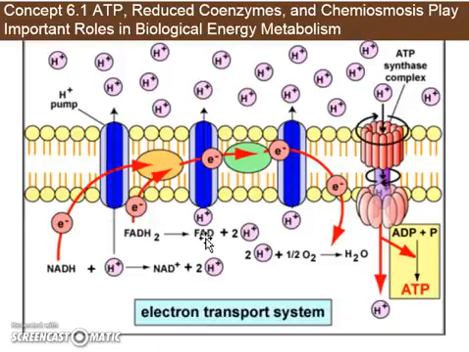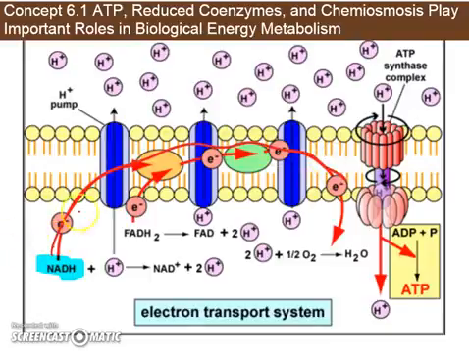Here's our NADH. It is a reduced coenzyme. Reduction is gaining, so it has electrons in it. And as it moves through this system, it is reduced already, and now oxidation is losing electrons.